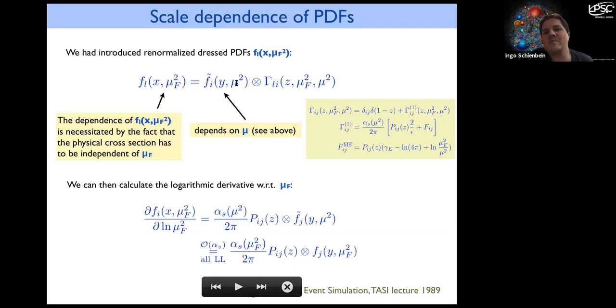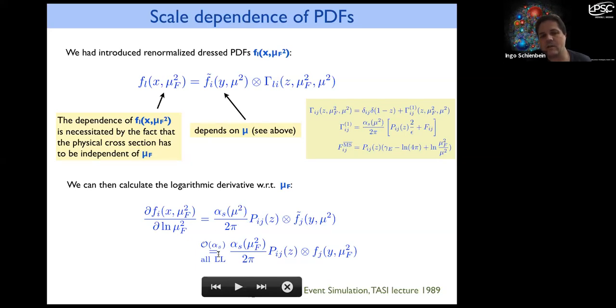So we have a bare PDF convoluted with these renormalization constants, which now depend on the scales. Then you can calculate the derivative with respect to the scale, and you find some equation which already resembles the Altarelli-Parisi evolution equation.